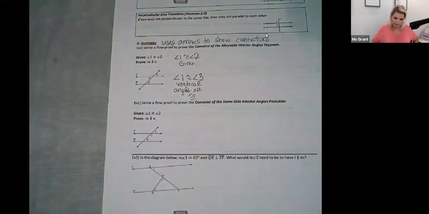Those two things right there are going to help me prove alternate interior angles. And then I have to say that the lines are parallel. My end game is, because I have alternate interior angles, then the lines are parallel, right?